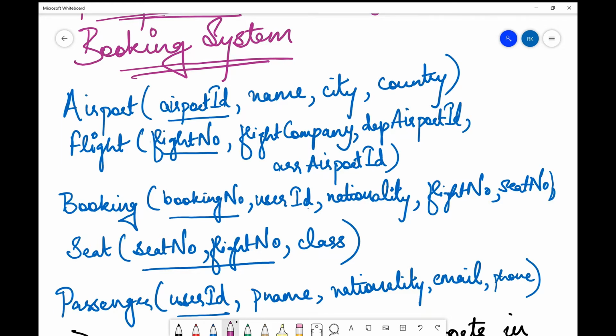Similarly, the flight schema discusses the details about the flights, the booking table comprises the details about the various bookings made by passengers or users involved, and seat gives you the details about the seats on which the passengers are seated or the seats booked by the passengers.